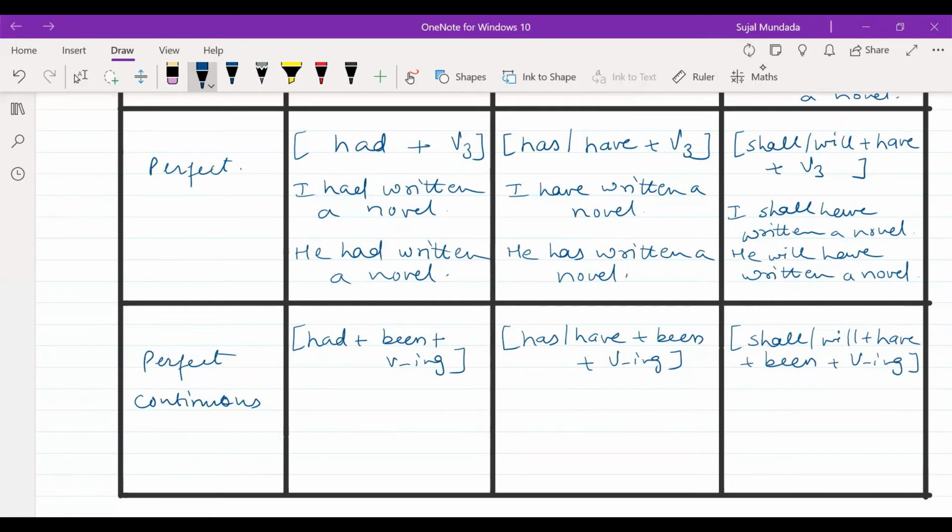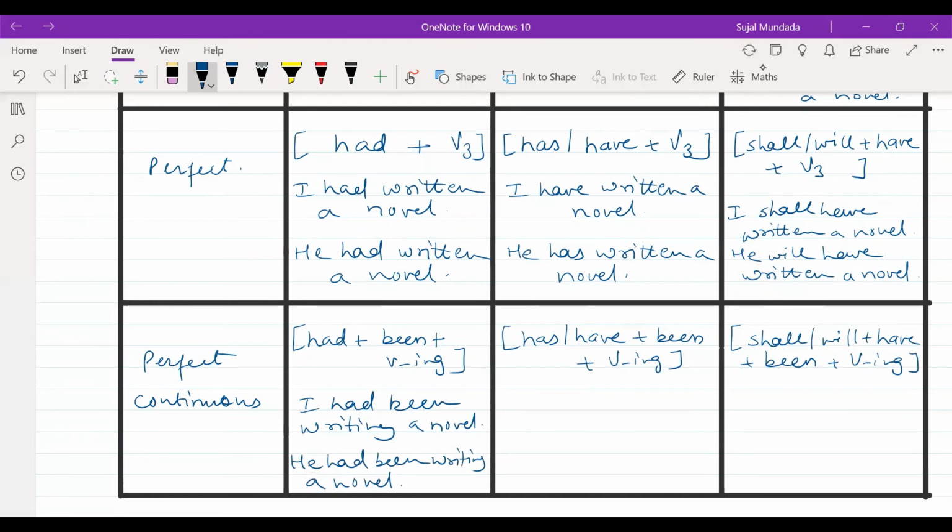And now we have the same sentence in past perfect continuous form, and it is I had been writing a novel, or he had been writing a novel.